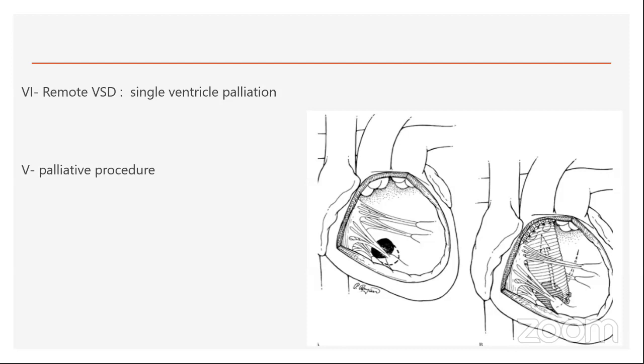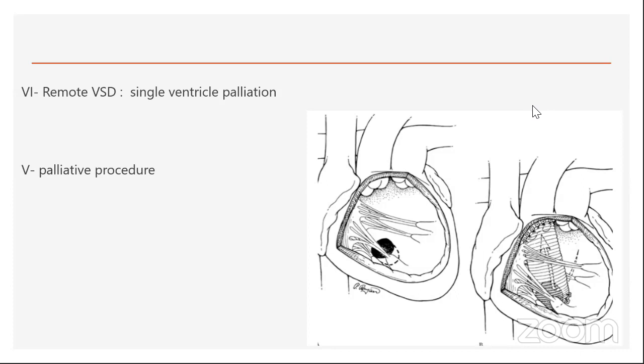If the VSD is really remote from the great vessel, let's assume a patient who had a predominantly inlet VSD or inlet muscular VSD underneath the tricuspid valve, very far away from both aorta and pulmonary, and this is the only outlet from the left ventricle, everybody tries very hard to establish two ventricle circulation, assuming that this is a better longer term outcome.